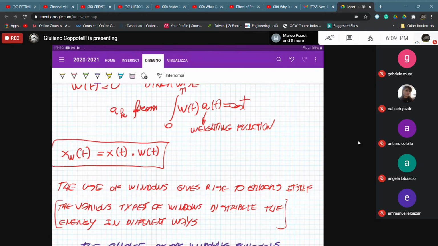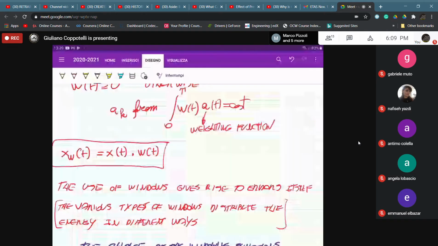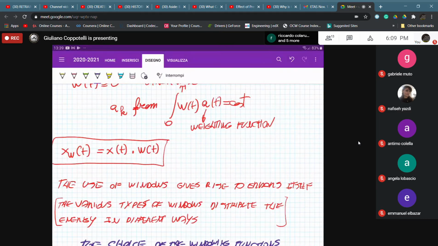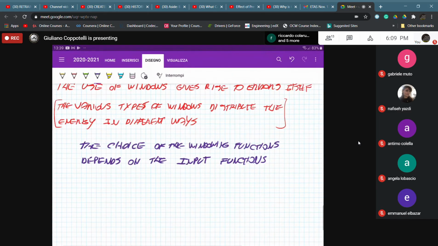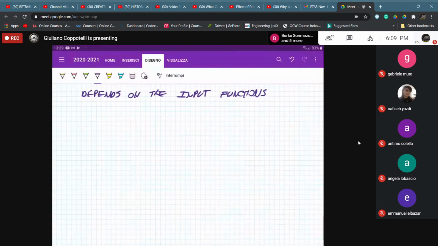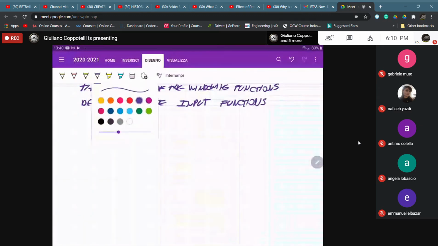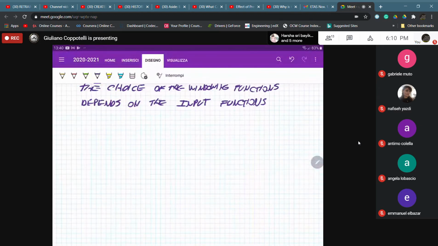The property in the frequency domain of this filtering function, which depends on the choice of those coefficients a0, a1, a2, a3, a4, will affect the frequency property of the signal. So let me introduce a very nice, well-known plot of the filtering in the frequency domain that is representative of our windowing function.